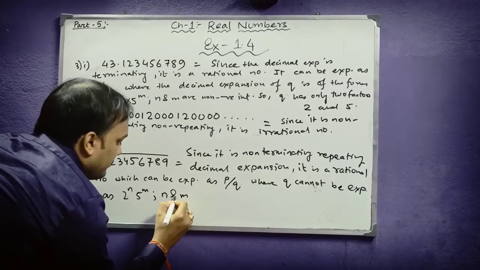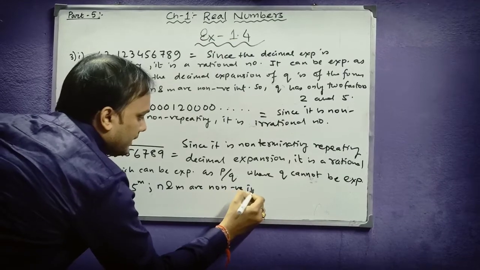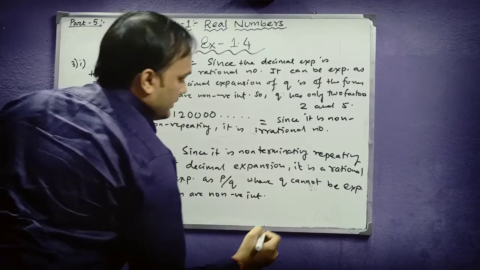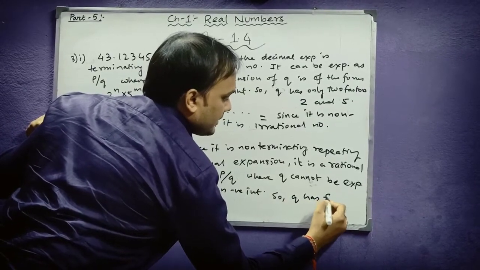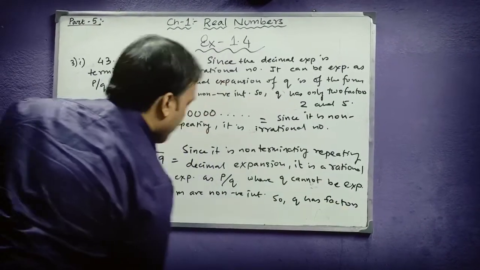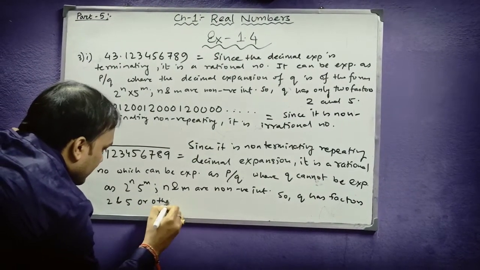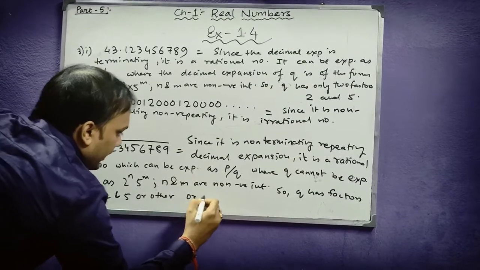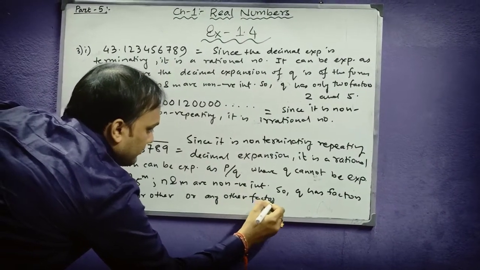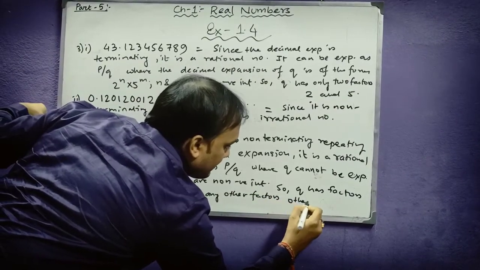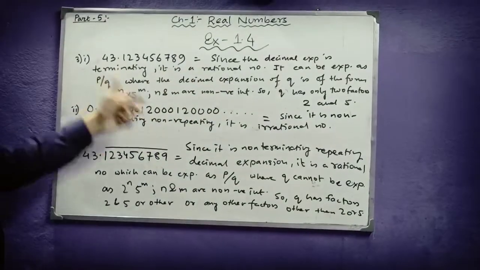N and m are non-negative integers. So Q has factors 2 and 5 or any other factors other than 2 or 5. So this is our answer here.